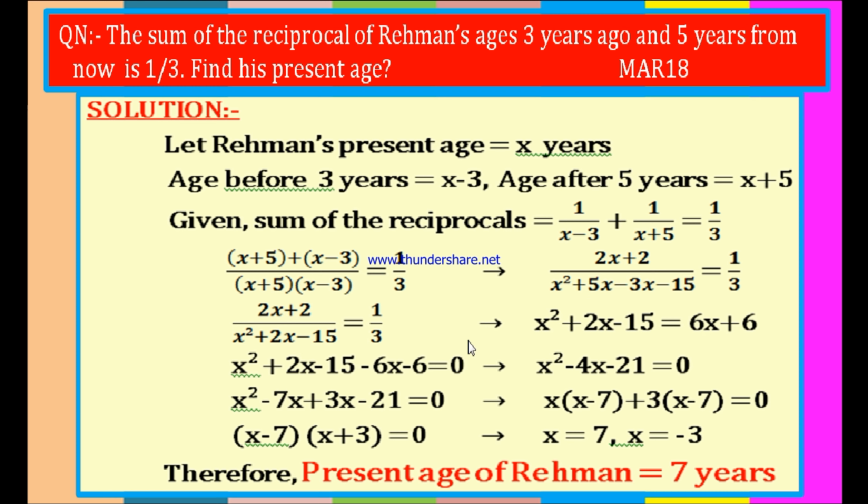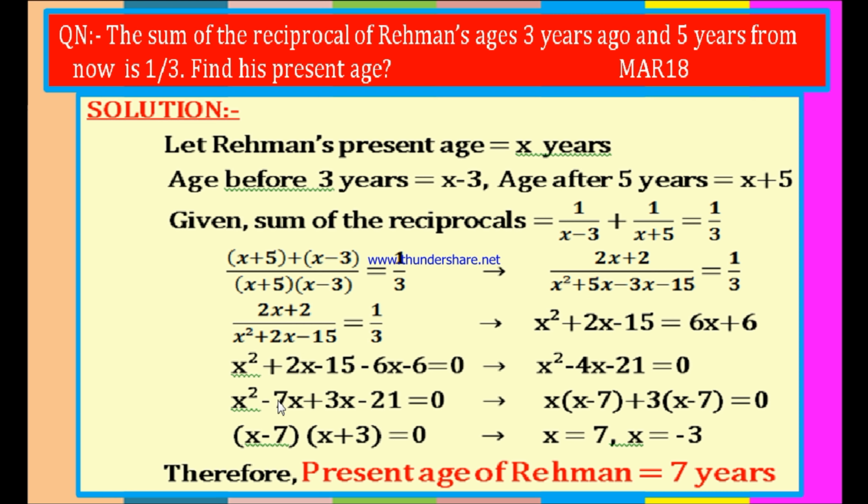Now bring all to one side. Then x square plus 2x minus 15, plus 6x this side, minus 6x, and plus 6 other side, minus 6, is equal to 0. By simplification you will get x square plus 2x minus 6x is minus 4x, minus 15 minus 6 is minus 21, is equal to 0. Now the factors of 21 are 3 into 7, whose difference is 4.